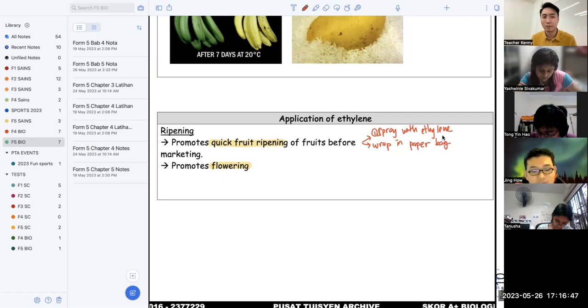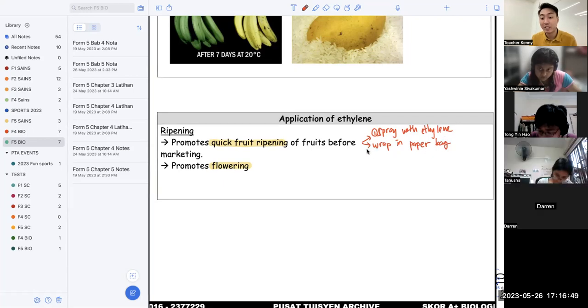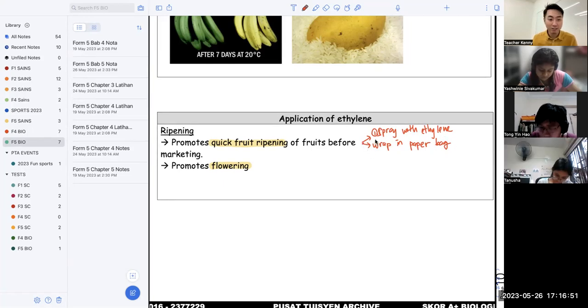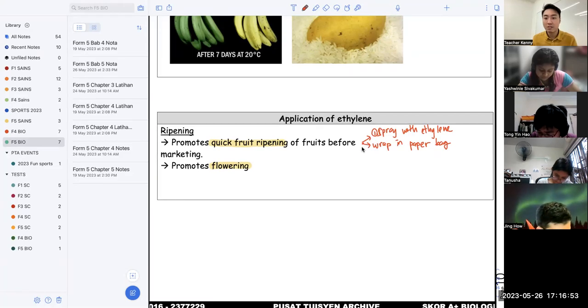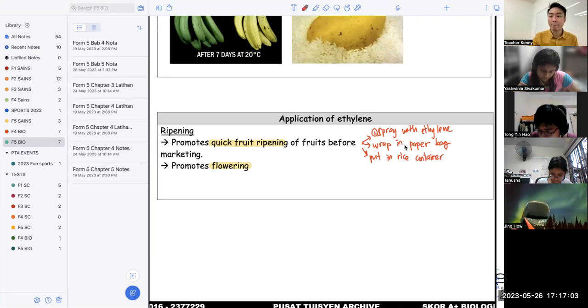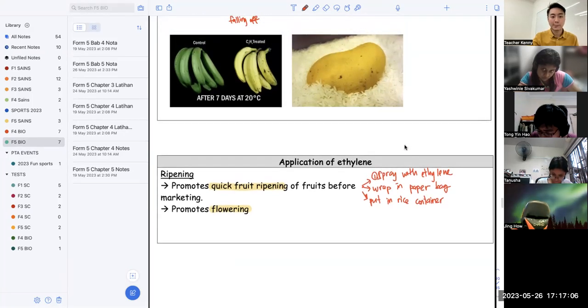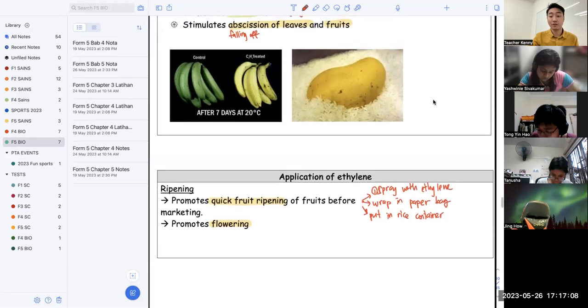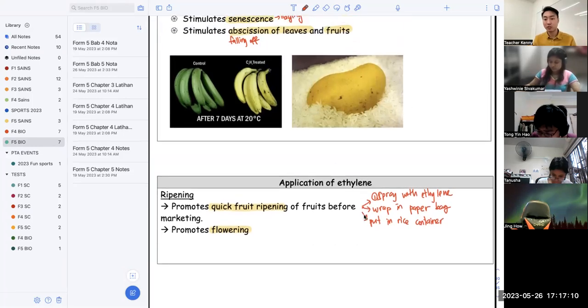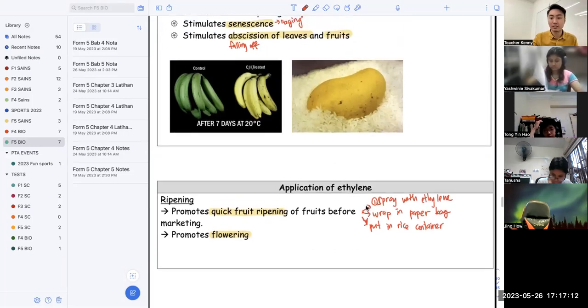Plastic bags can be a problem for the environment, so we use paper bags. What else? Put in a rice container with rice. Basically anywhere you want to store it, as long as you collect the ethylene.